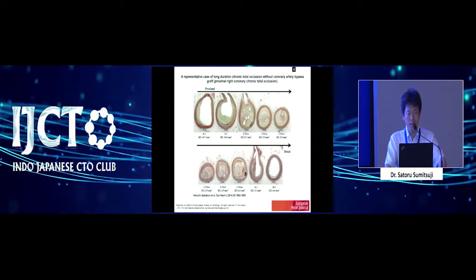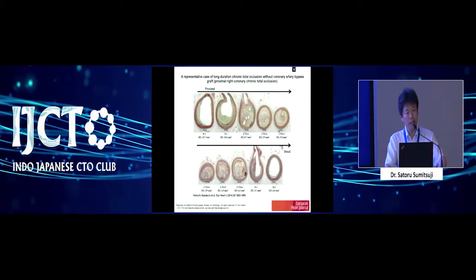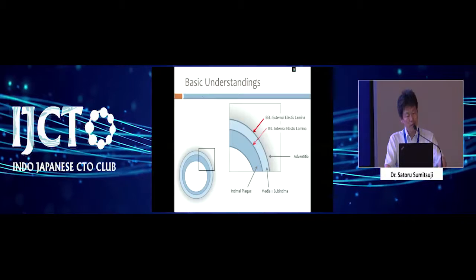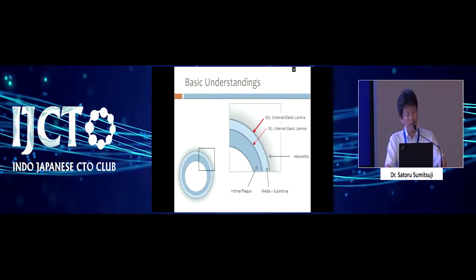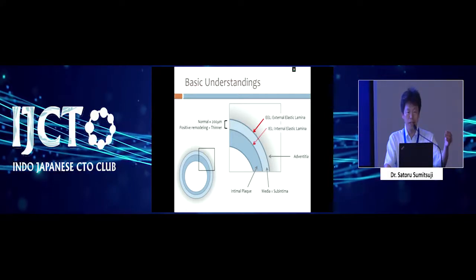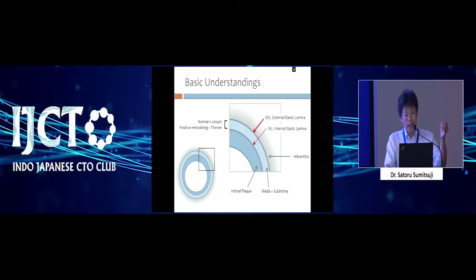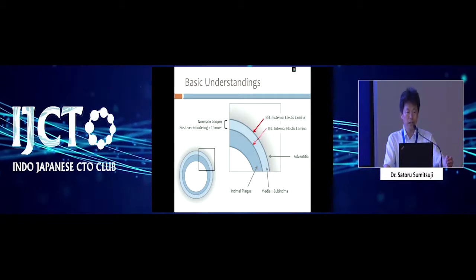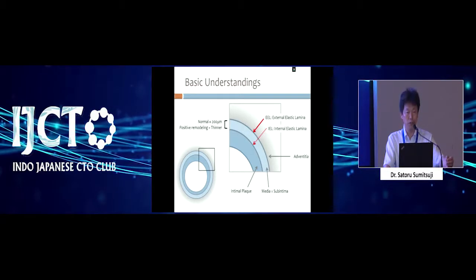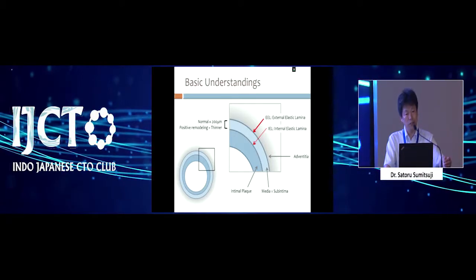The answer is that subintima is the space between the media and the adventitia. Media and adventitia have different components, and the media is very special and unique because it has uniform contents, mainly smooth muscle cell layers and connective tissue.